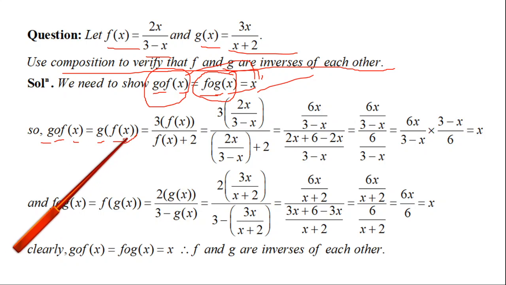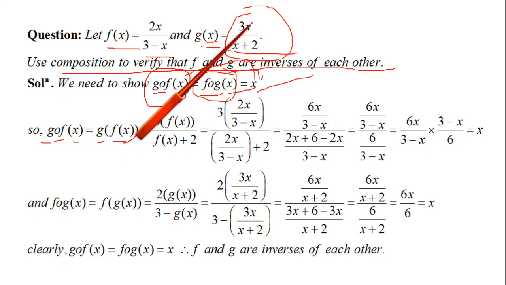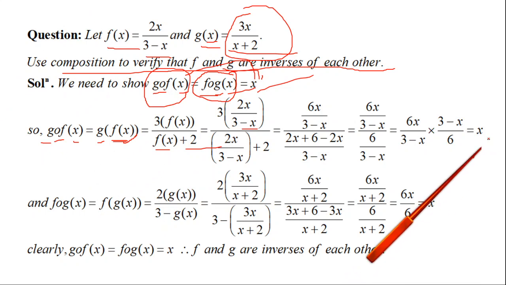If you see the definition of g, if you have x, the output is 3 times x upon x plus 2. So by the definition, g of fx will be 3 times fx upon fx plus 2. Then you put the definition of f, solve it, and you will get x.